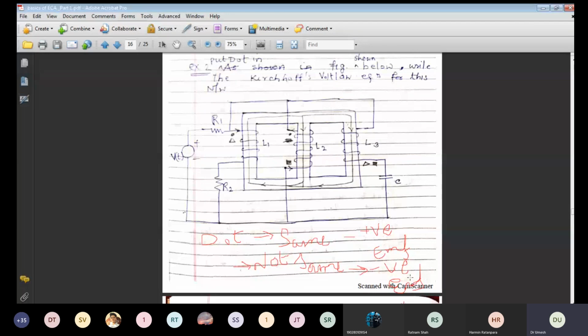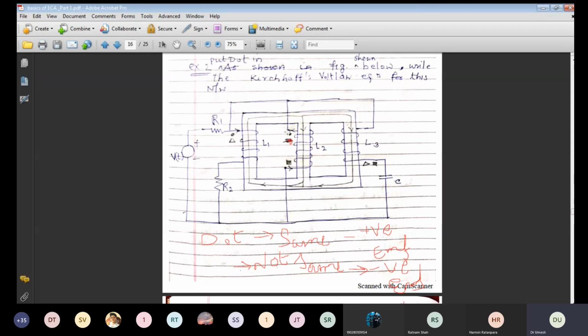That means, for example, here the dot shown for the first winding is related with the second winding, and the current direction is also given. So here is the entering point, a dot at the entering point, and here this is not a dot, this is some mistake I have made.